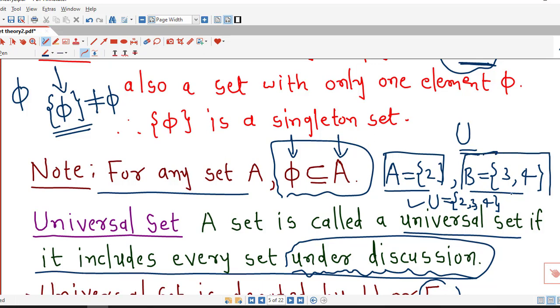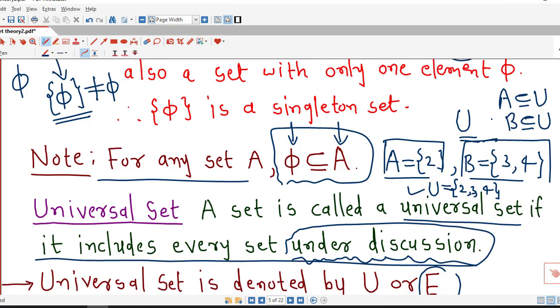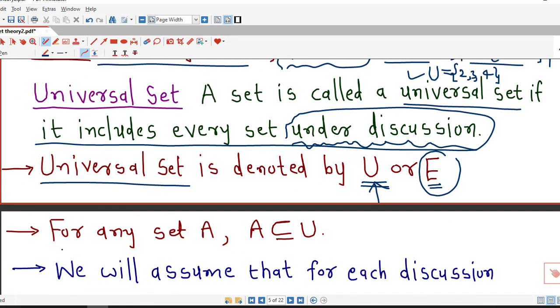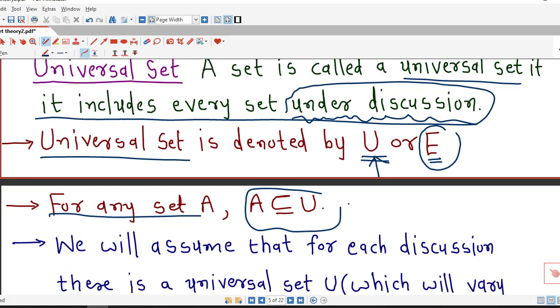If we have two sets under discussion, the universal set is the set which includes both the sets. That means A is a subset of U as well as B is a subset of U. So the universal set is such that every set under discussion is a subset of it. We can say that for any set A under discussion, A is always a subset of the universal set.